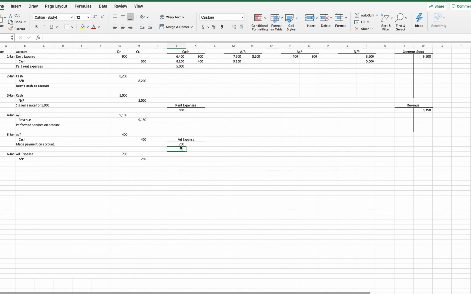I need to post the transaction to the accounts payable T account. No problem, I can do that very easily. What did I do in my general journal here? Well, I credited accounts payable for $750. Guess what? I just got to put that in a T account. That's it. So I go to my accounts payable T account and I post the credit of $750 to accounts payable.